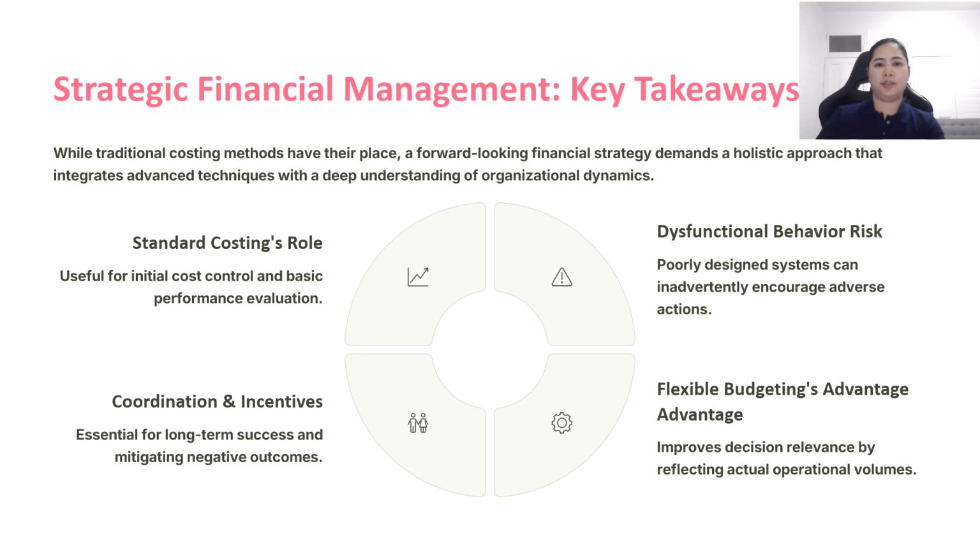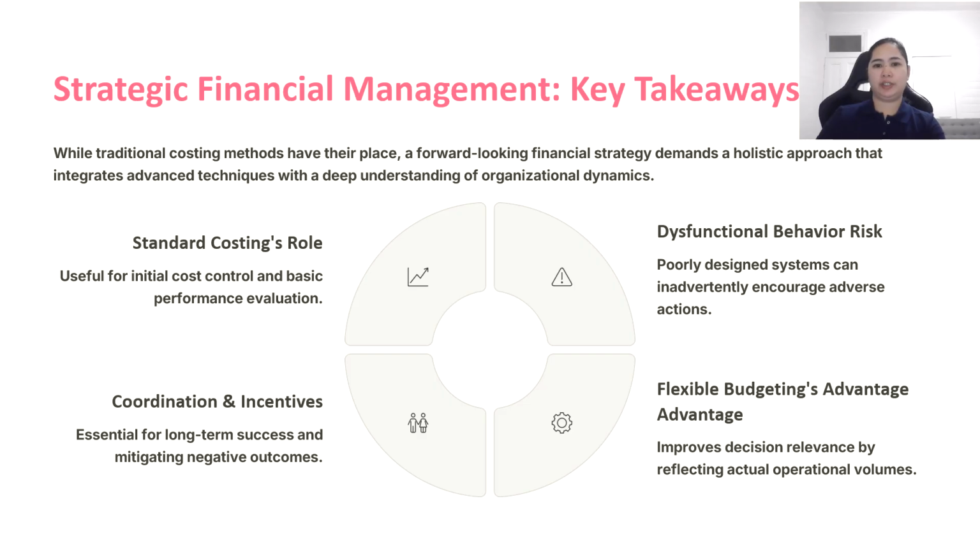Coordination and incentives. Coordination and incentives are essential for long-term success and for mitigating negative outcomes as they align individual behavior with organizational goals, encourage cooperation across departments, and promote sustained performance rather than short-term optimization.